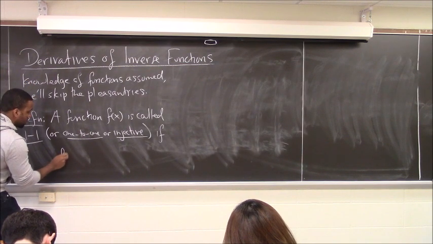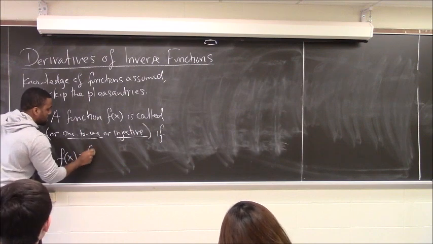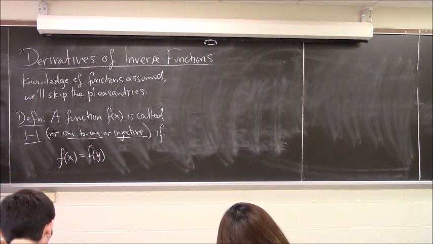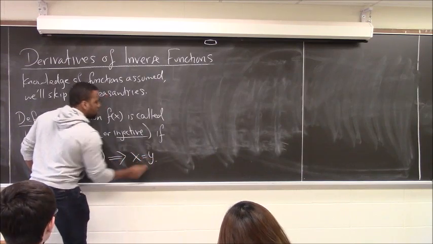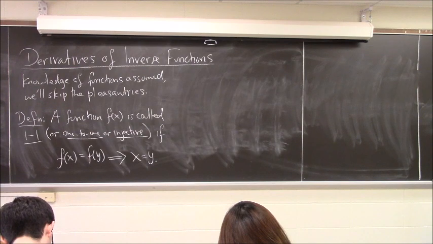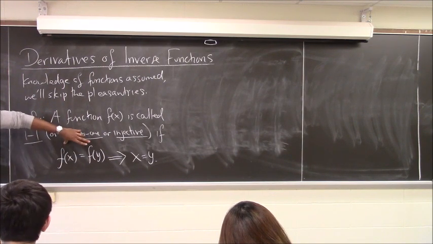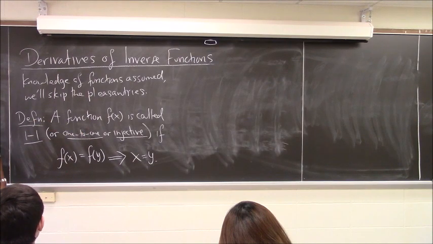If the outputs of x and y are the same, it means that the inputs x and y had to have been the same. This means if we look at 2 outputs and they're the same, they had to have come from the same input.